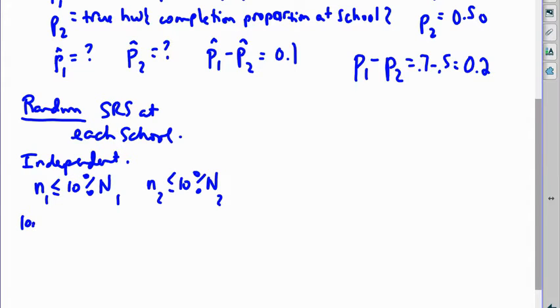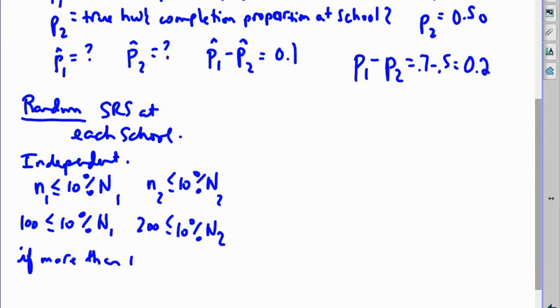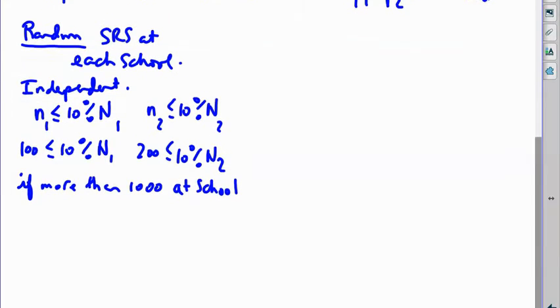So we have 100 students, and we had 200 students at school 2. If more than 1,000 at school 1 and more than 2,000 at school 2, then we are independent.